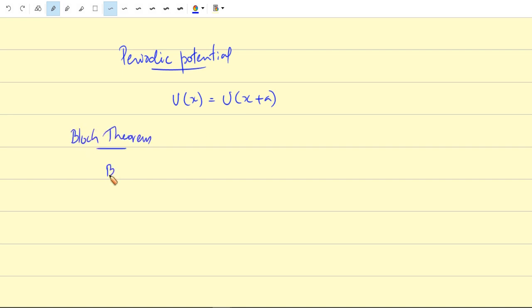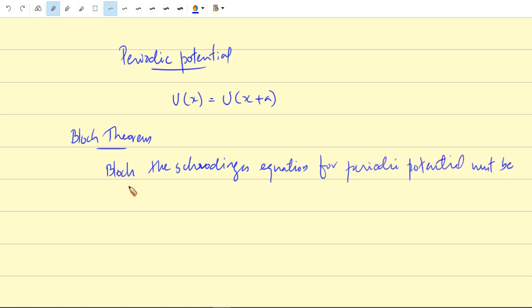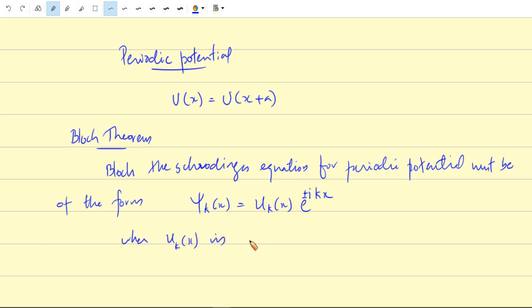Bloch proved that the solution of the Schrodinger equation for a periodic potential must be of the form, where uk of x is a function which has the same periodicity as the lattice.